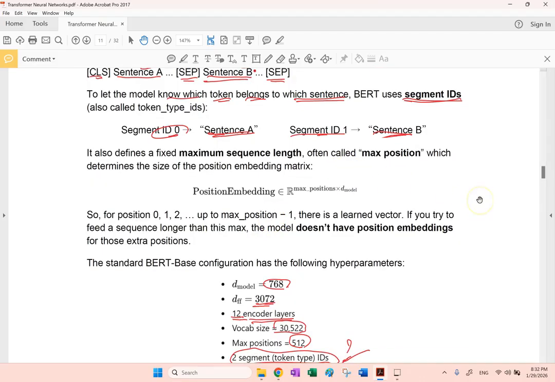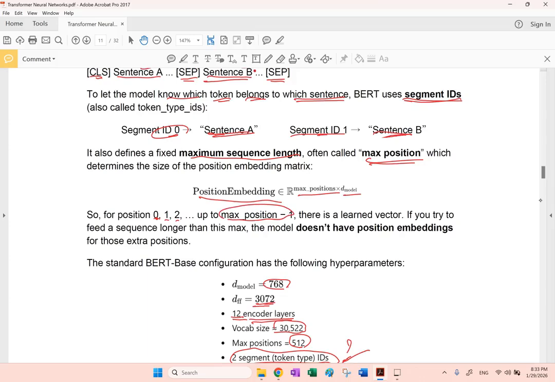What else? The other thing it had was called maximum sequence length. You could not give BERT a sequence that was, I don't know, 10,000 words or tokens. You had a maximum position, or size really, for your sequence. So when you did your position embedding, it would only belong to the space of max position by D model. As long as your position was 0, 1, 2, all the way to max position minus 1, no worries.